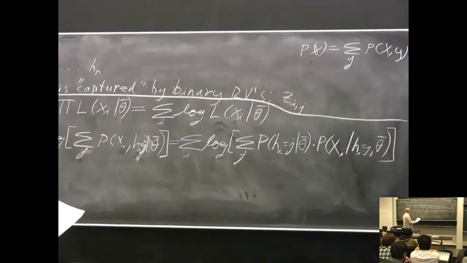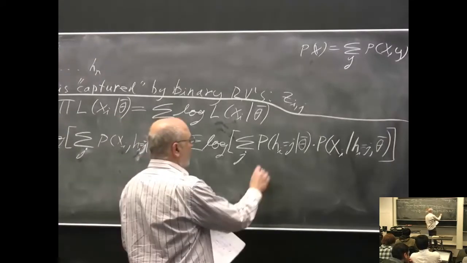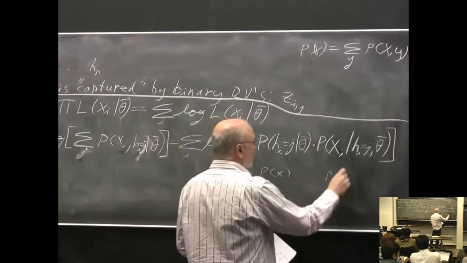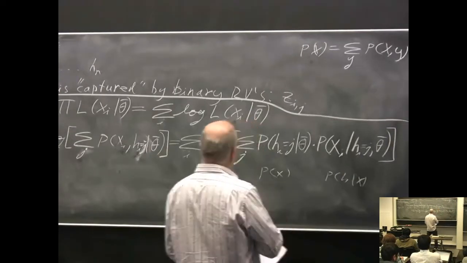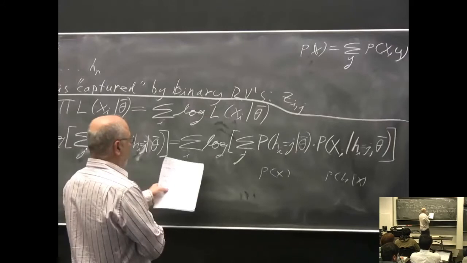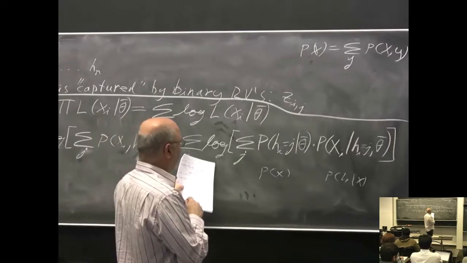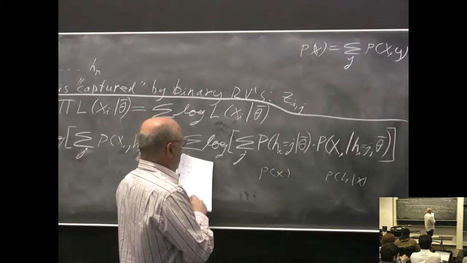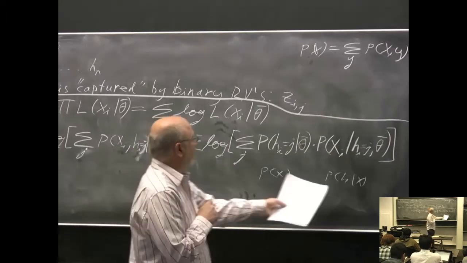Okay, so now, all right, let me try and see if it makes sense. The alternative would be P of x plus P of h conditional x. And I want to do it specifically for one given x. P of h would be the expectation.